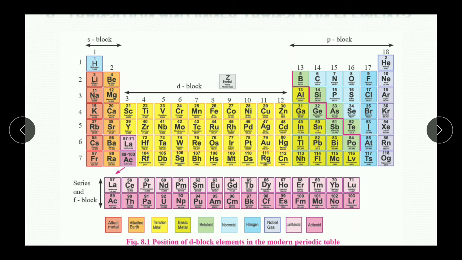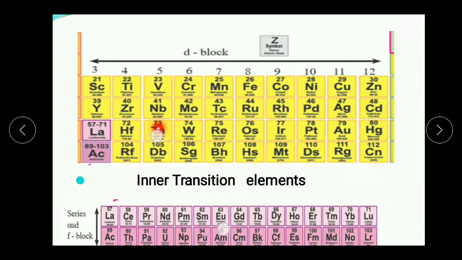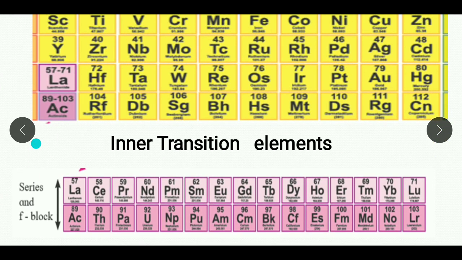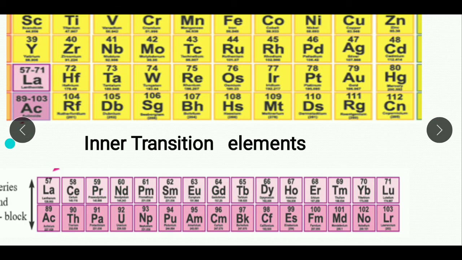Lanthanum belongs to D block. After lanthanum, cerium is there, and from cerium to lutetium, these 14 elements are called lanthanoids. While the bottom series comes after actinium, hence these are actinoids, and they start from 90 thorium to 103 lawrencium.